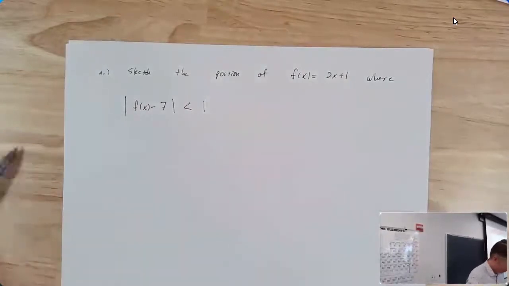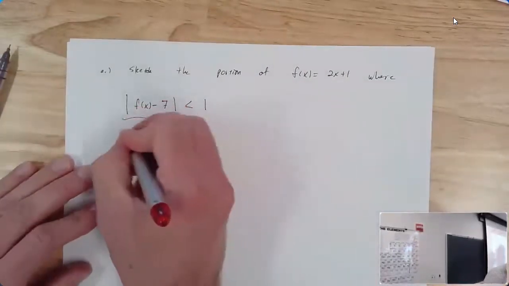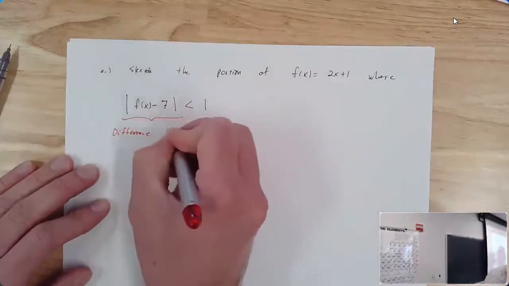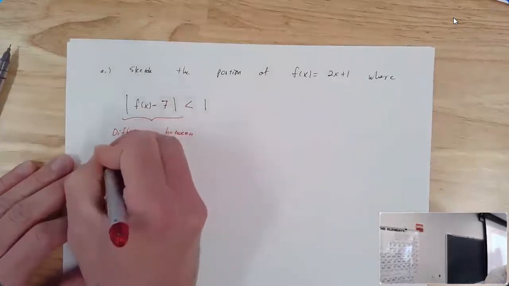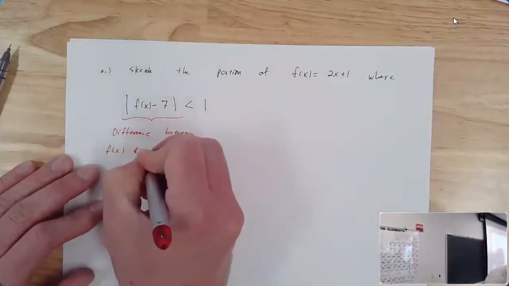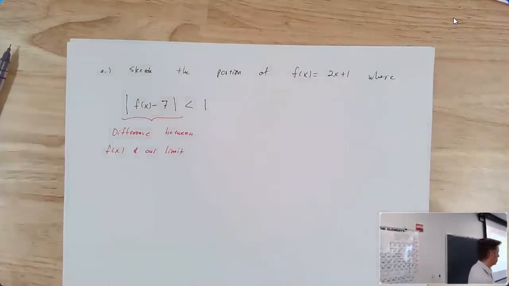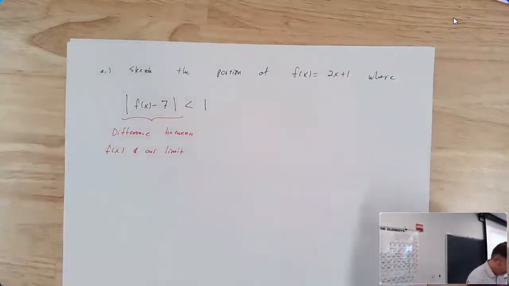So that's what this says, by the way. This is the difference between our function and our limit, if we're taking the limit as x approaches 3. So here's what this looks like graphically, and we'll end it with this.